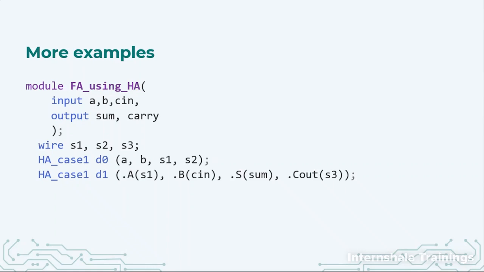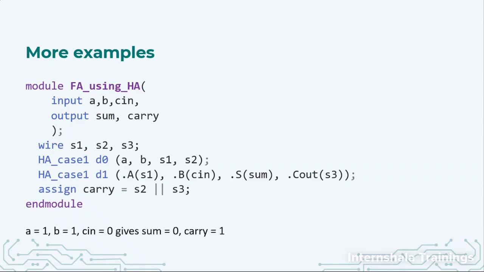I use two such half adders, one with the instance D0, one with the instance D1, and I am assigning carry as OR of S2 and S3. Do not worry about all these assignments. We will talk about these in detail in our future videos, and we close it with end module. So basically we are describing the behavior of a full adder using the behavior of half adders in this code.